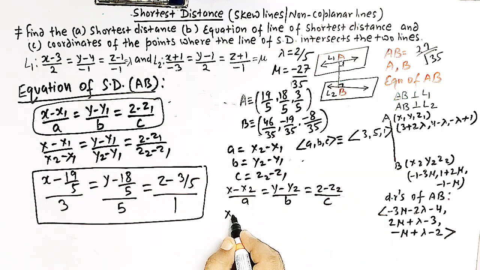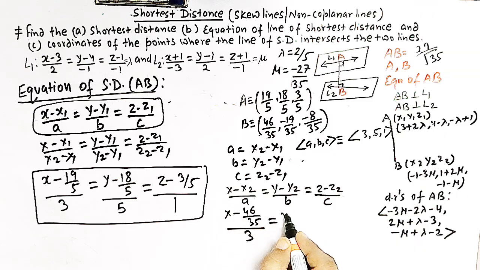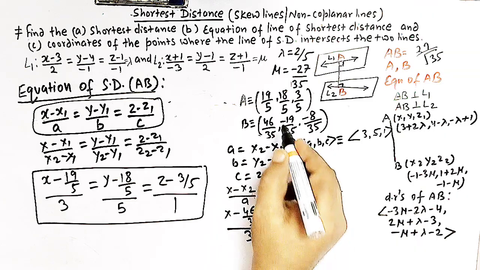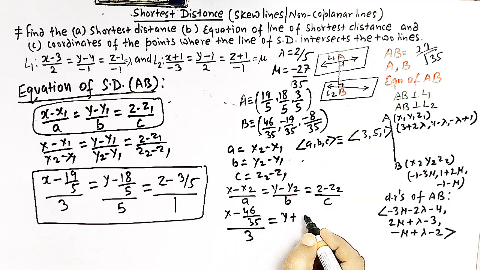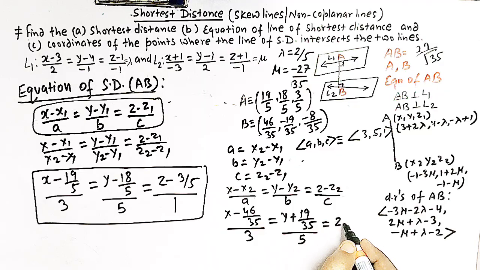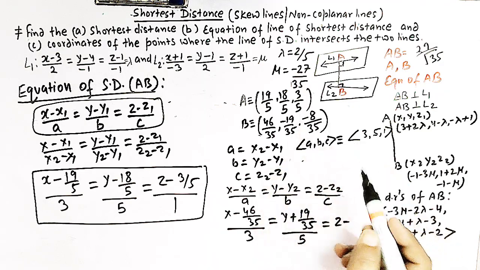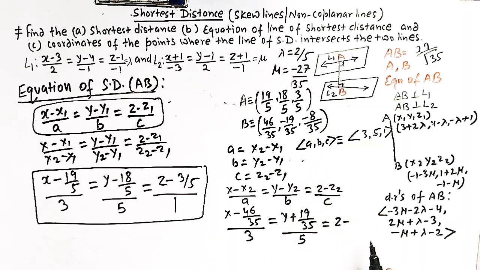So here we have x minus x2, x2 is 46 over 35, and here we have 3, and then we have y minus y2, y2 is minus 19 over 35. So here we have now plus 19 over 35 over 5, and then we have z minus z2, z2 is minus 8 over 35.